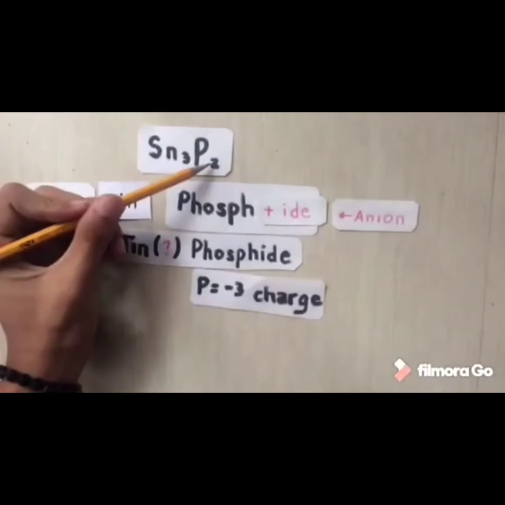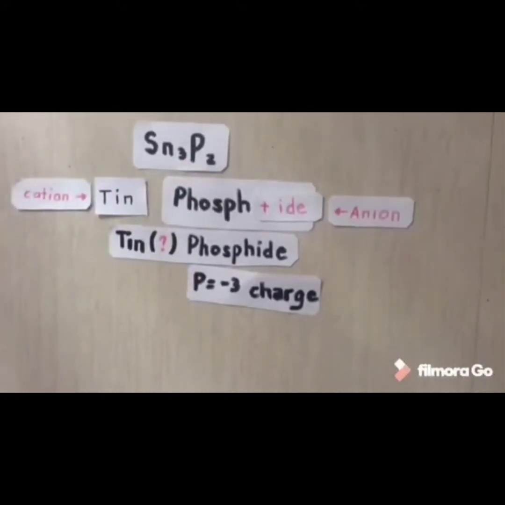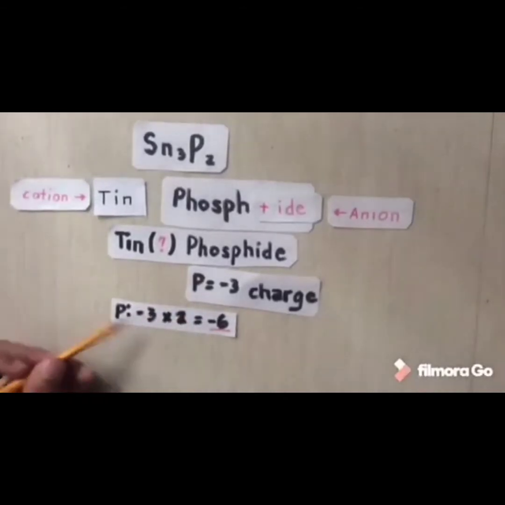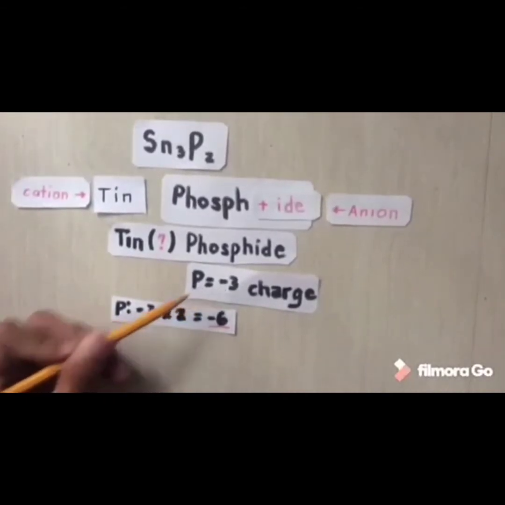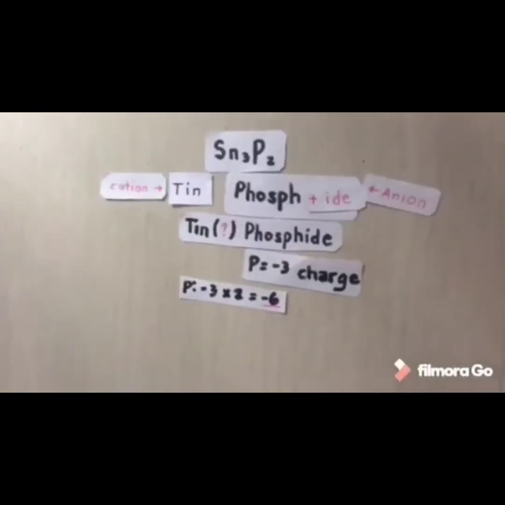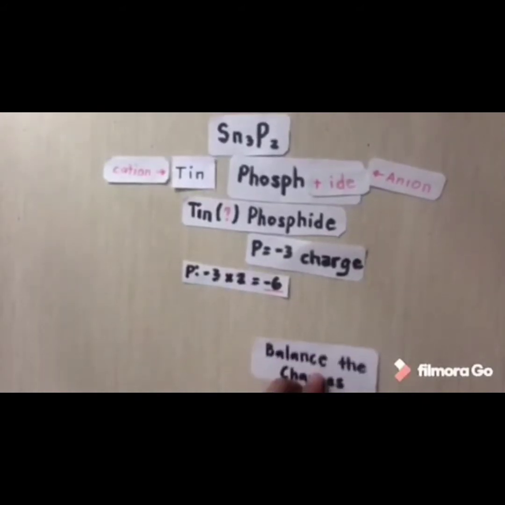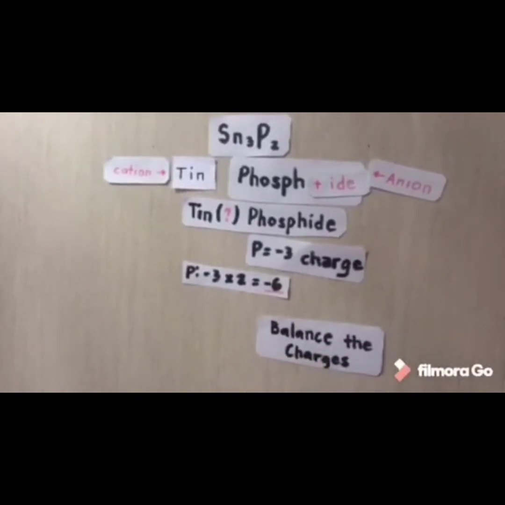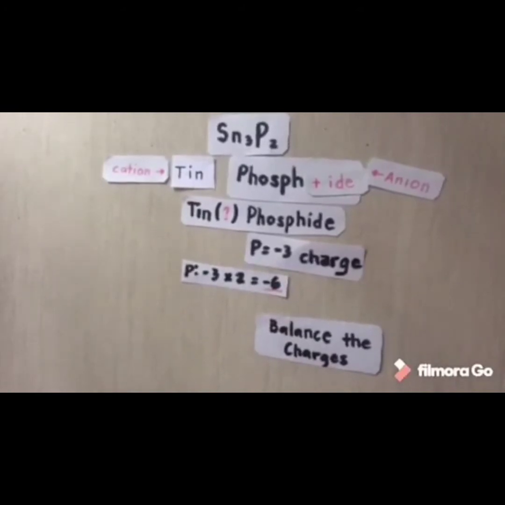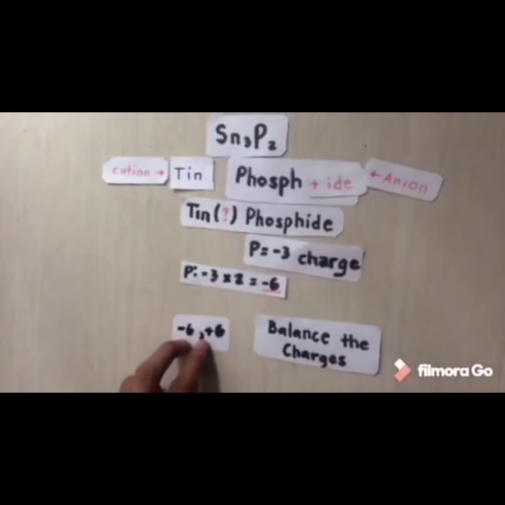There are 2 atoms of phosphide or phosphorus. Therefore, negative 3 times 2, and we'll get negative 6. The total negative charge of negative 6 must be balanced with a total positive charge of positive 6.